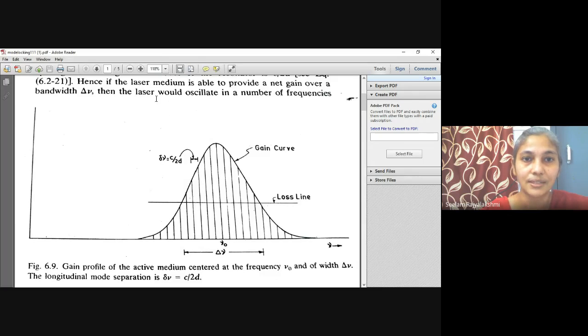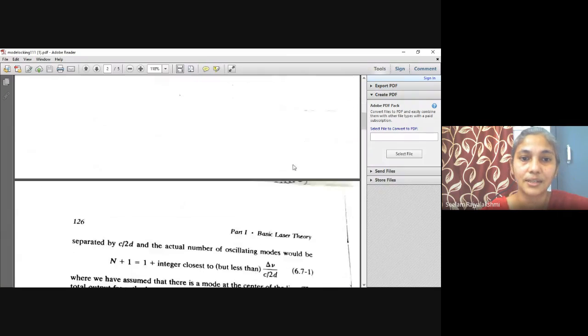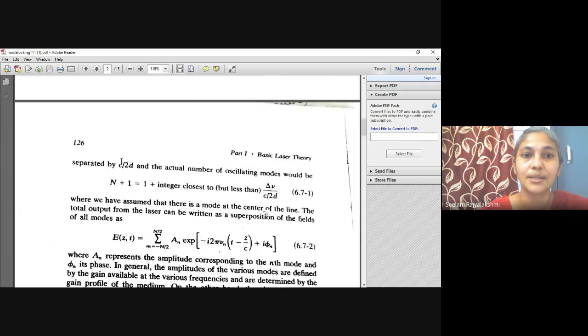So the laser can oscillate in a number of frequencies separated by c by 2d. Now let us consider the actual number of oscillating modes.